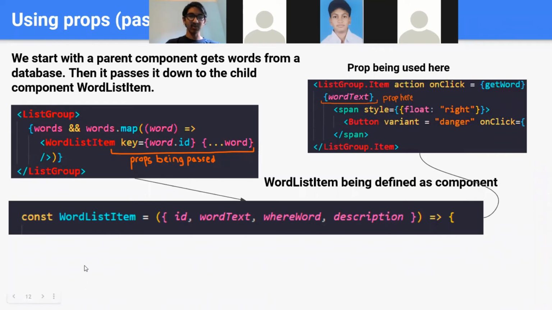As you can see here is word list item, and I've defined all of the props that I got from that database right here. This is a slightly different way to write functions. Don't worry about it right now, because it's something you learn in JavaScript called arrow functions. But basically I've taken the data from the database that I got from the parent component and brought it to the child component. And then in that third photo, I'm taking that data and using it in my child component itself.